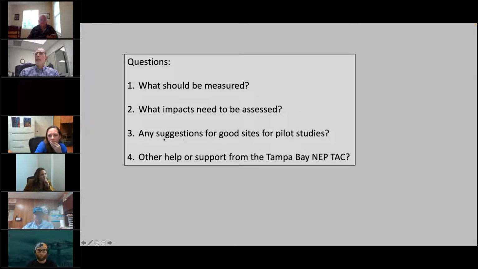So we're also looking for suggestions for good sites for pilot studies. You see the criteria we're looking for, the minimum number of abutters, because every abutter has to approve what's going on there. So a canal with 50 houses on it would not be a good one, but other sites might be. And is there other help or support that you might be able to offer us going forward, and guidance about how it's best to approach the public, the media, and so forth? We're trying to be transparent and open.